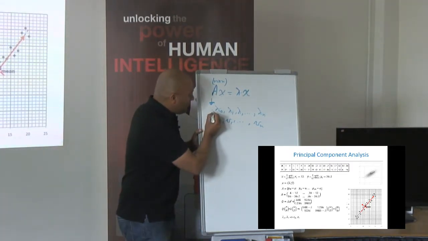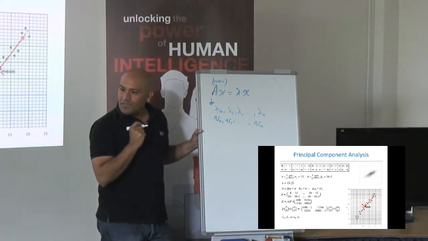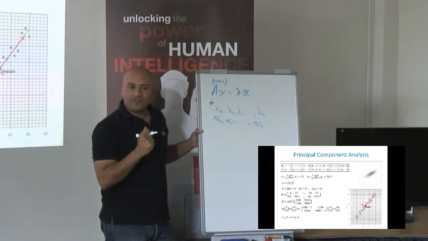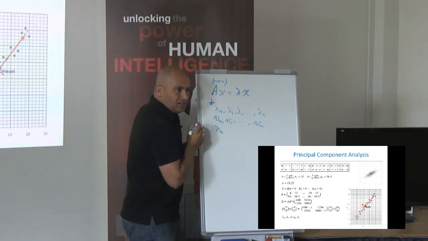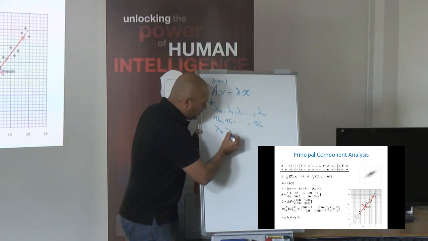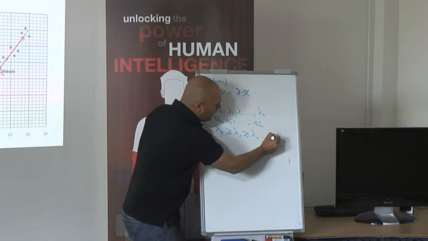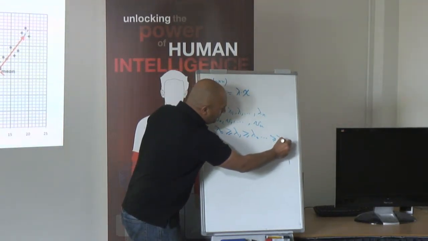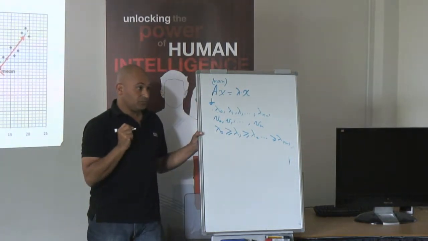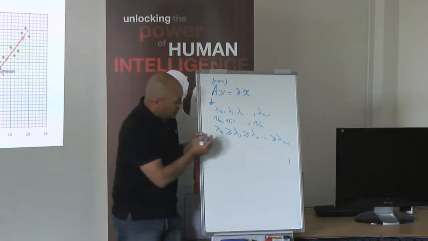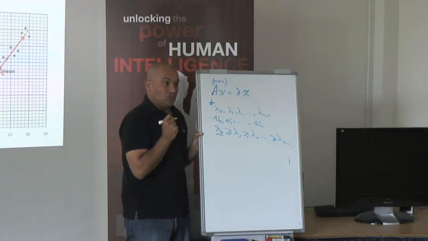Usually we order them based on their value, so that lambda 0 is bigger or equal to lambda 1, bigger or equal to lambda 2, and bigger or equal to lambda n minus 1, sorry, this should be minus 1. Which means that these are the vectors which are more important.